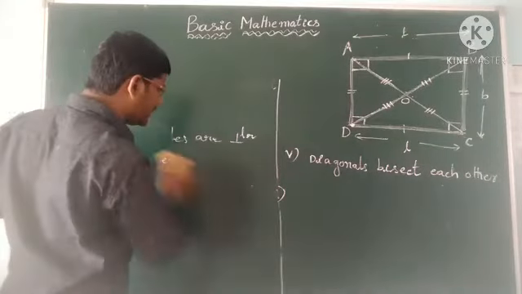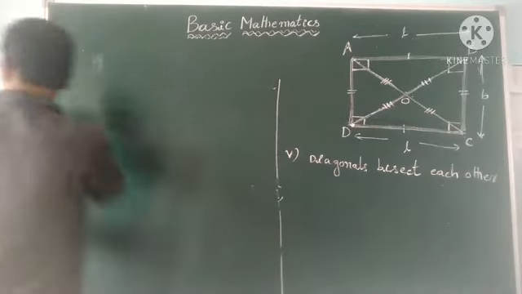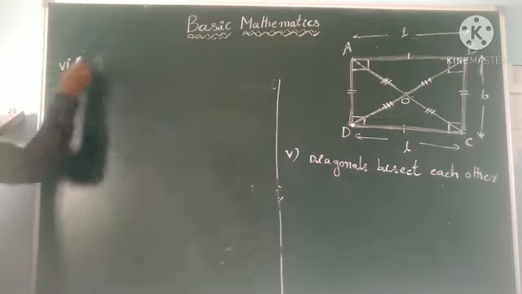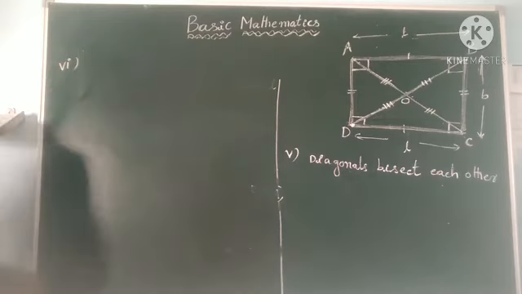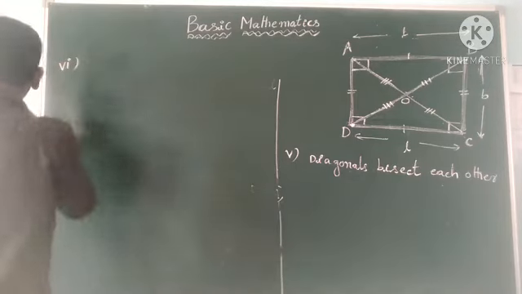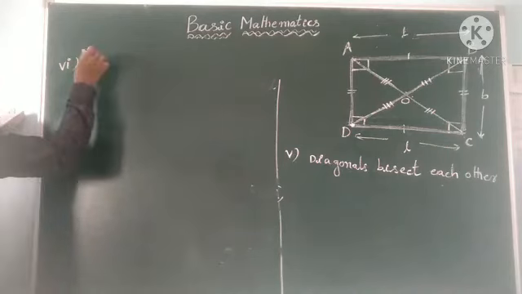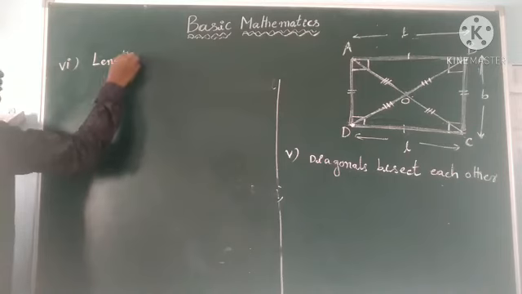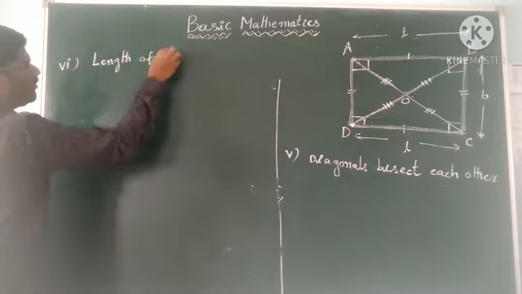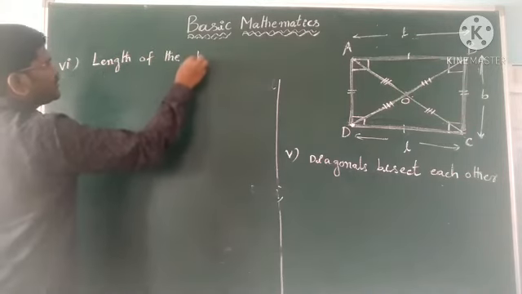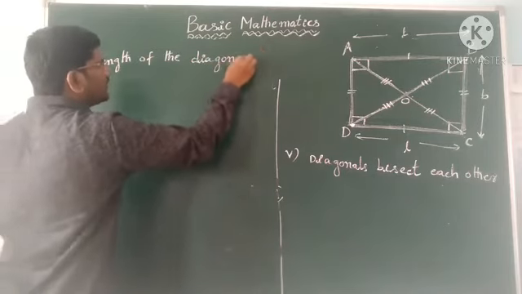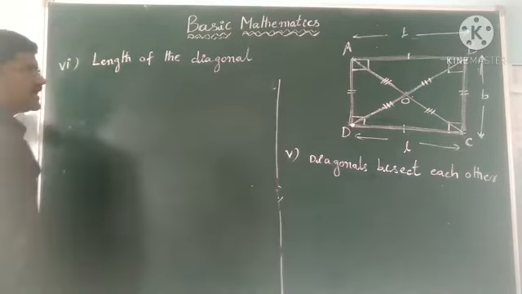Next, point number 6. What is that, students? Length of the diagonal of a rectangle.